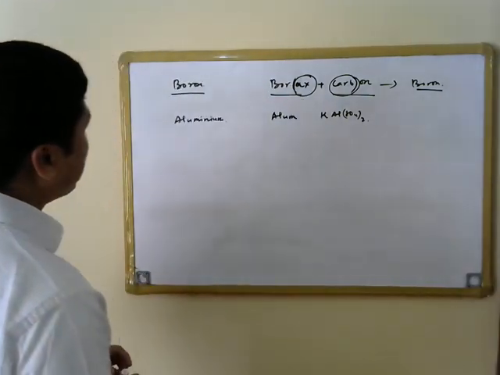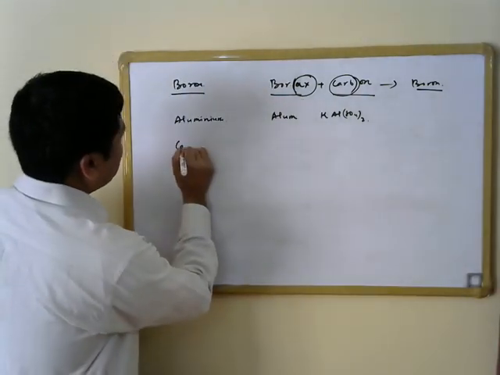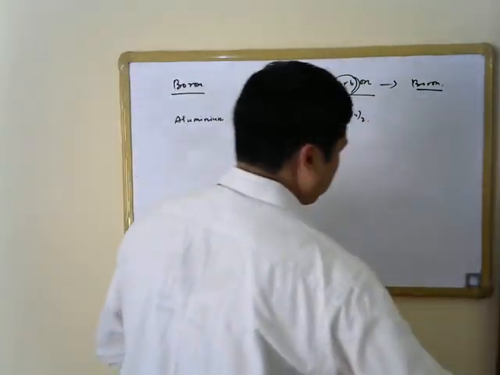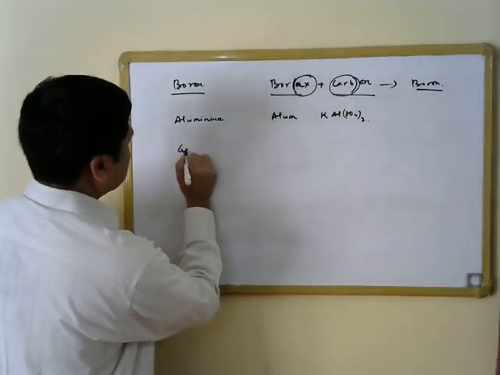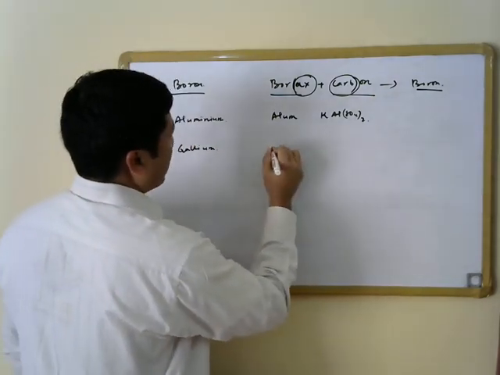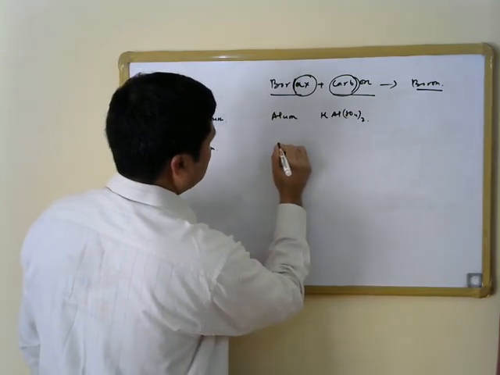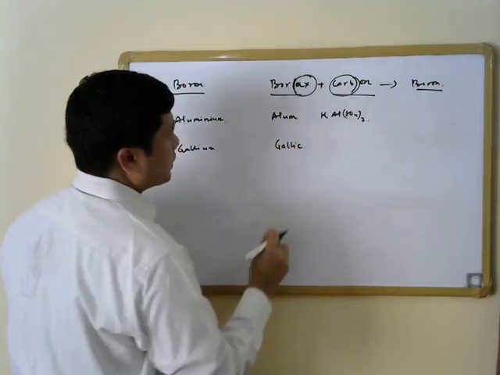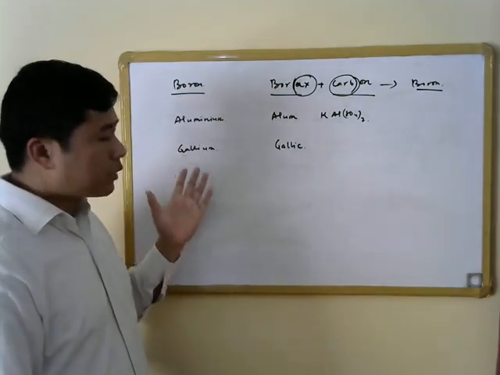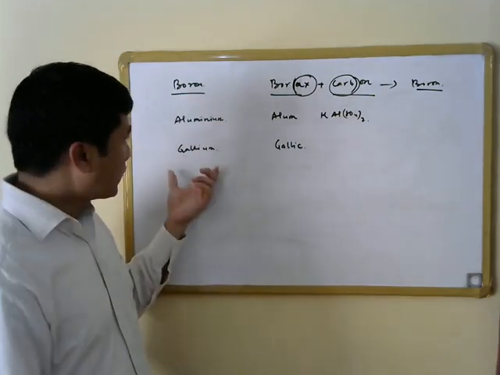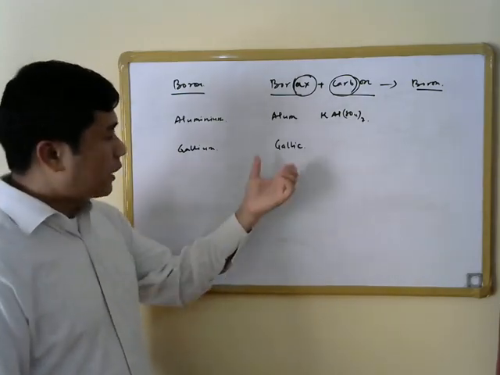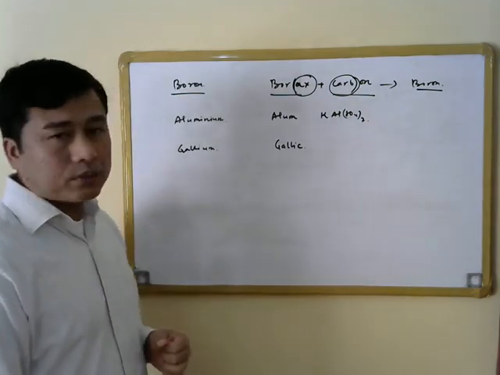Then also the name gallium came from the name Gallic, which essentially means France, and it was a French chemist who discovered gallium, and that is why he named it gallium after his own country, France.